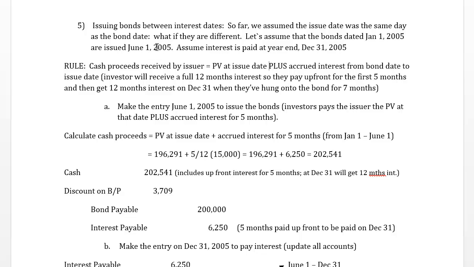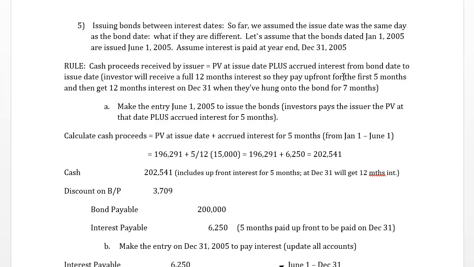But these guys, when they buy the bond, they're going to be there on December 31st to collect the interest. And what we do is we say, whoever's there on December 31st is going to get the full amount of the interest for the year, even though the bonds were issued partway through the year. So what we do is we have the investor pay up front any interest that's accrued from the bond date to the issue date.